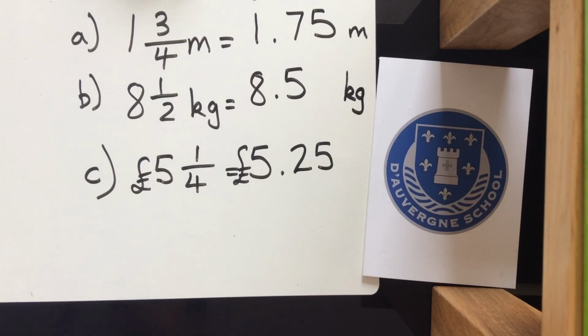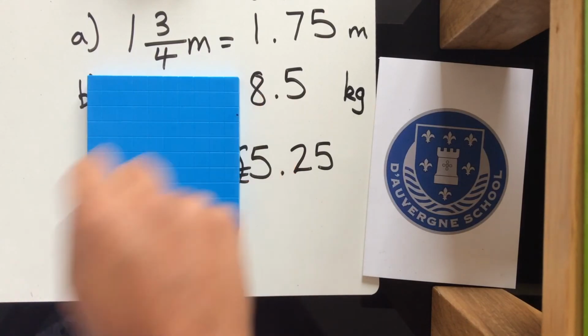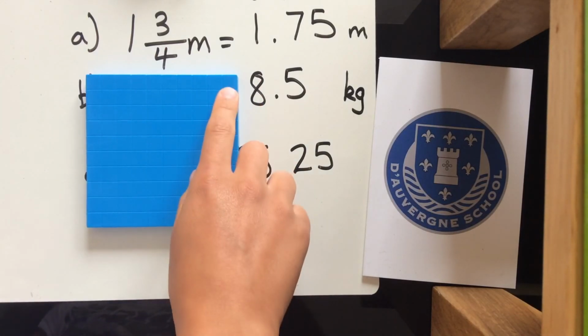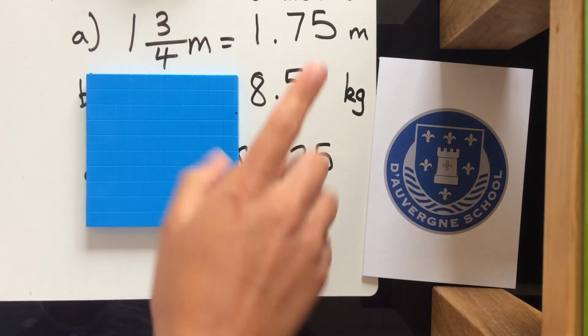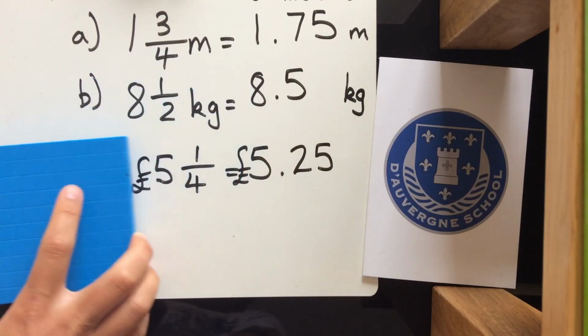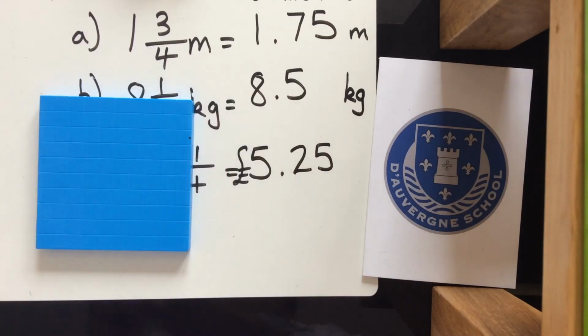Okay, this is a little bit tricky, but remember to use your 100 grids, knowing that one row is a tenth and one of the little squares is a hundredth. Okay, and then one whole square is one whole. It might be useful if you can go online and see if you can print some 100 squares for you to colour in, okay, as you're doing your worksheet, if you find that useful.